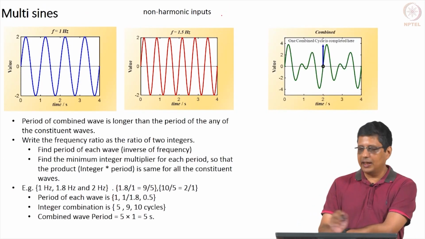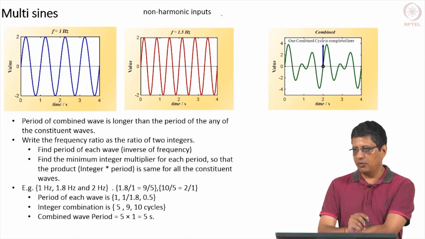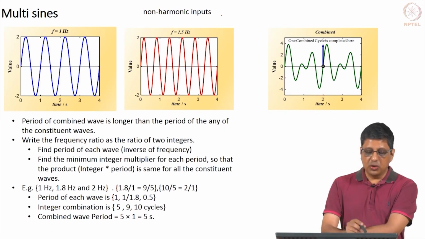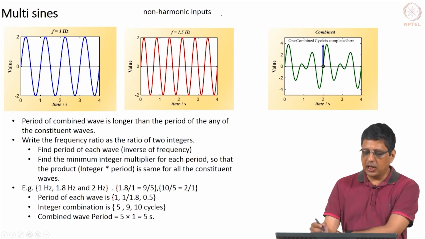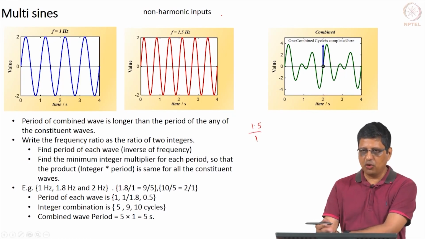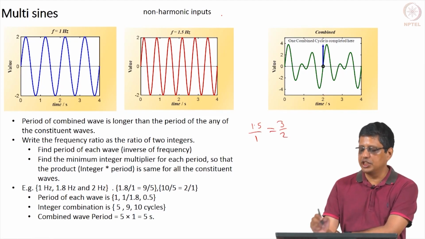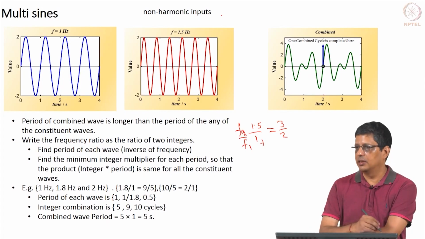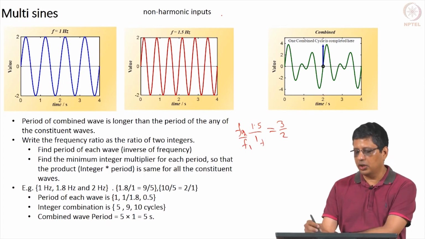So, how do we calculate the total period of the combined wave when this is not harmonic? You have to write the frequency ratio. Right now I can write it as 1.5 by 1 or I can write it as 1 divided by 1.5 and make it the ratio of 2 integers. So, frequency ratio f2 by f1 is 3 by 2, multiply the frequency with the integer, that would tell you how long you have to wait.